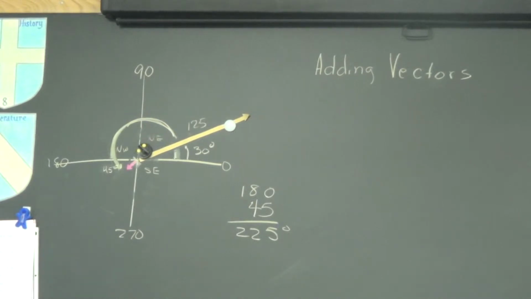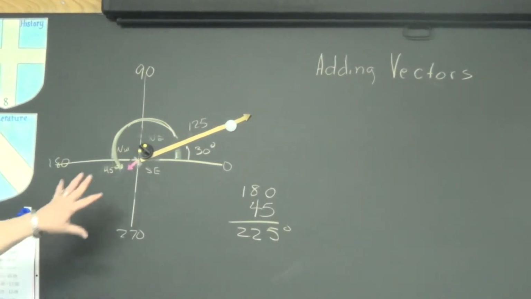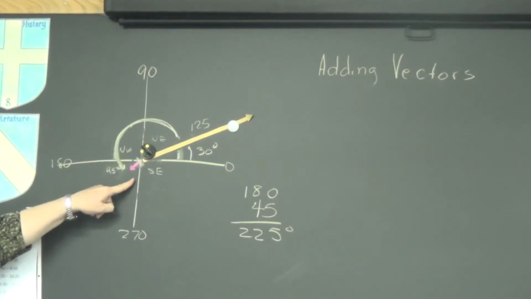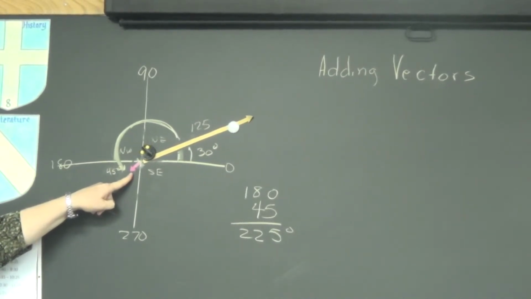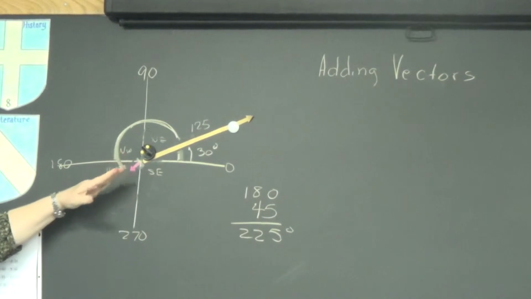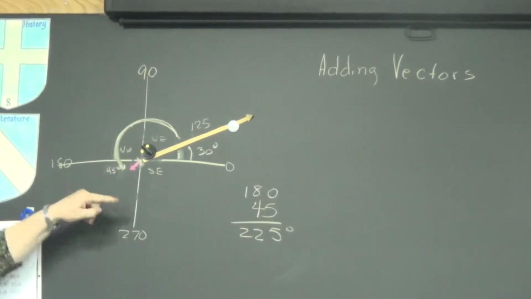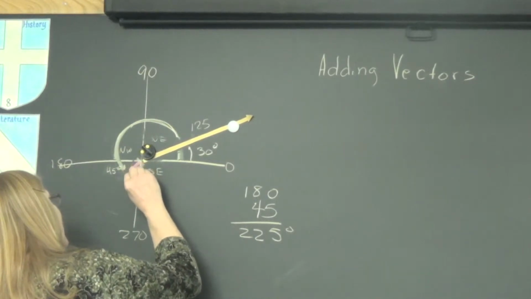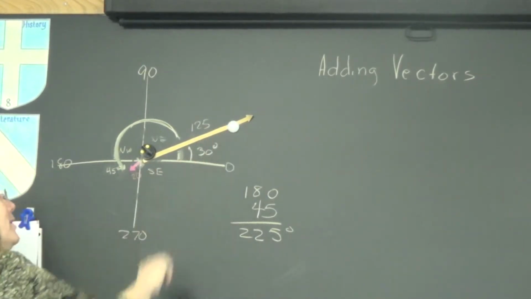All right. Now, on your paper, do you have something drawn like this? You have a teeny tiny vector pointing in the middle of this quadrant, and that is representing 20 in length. And this is 125.